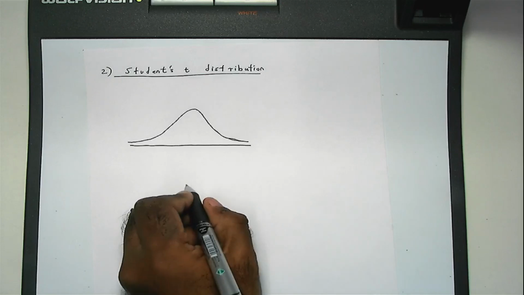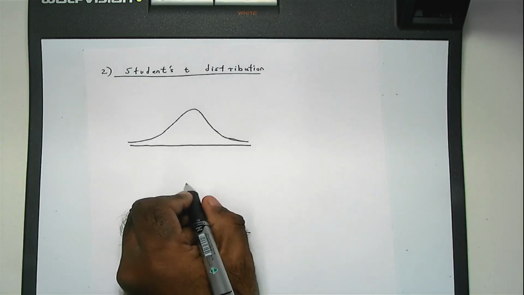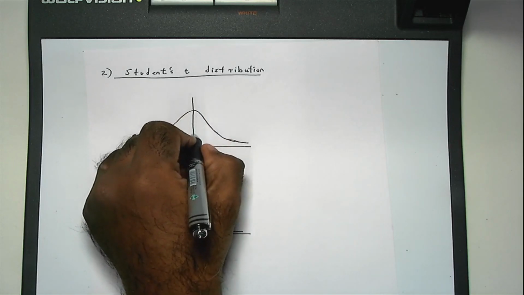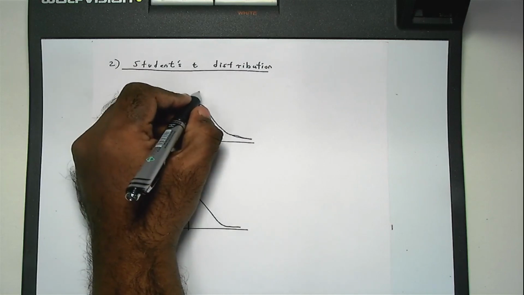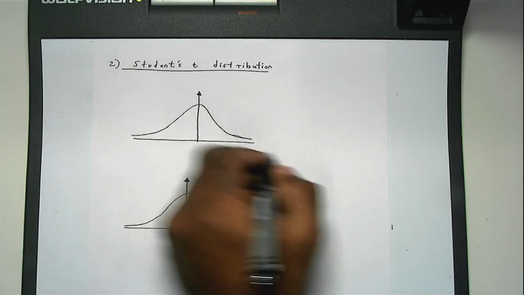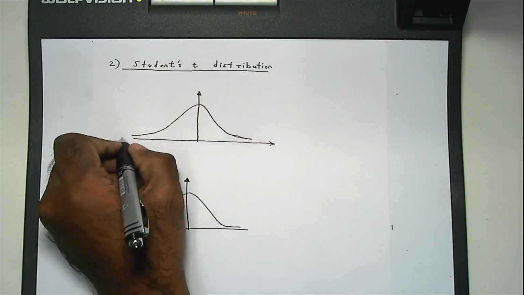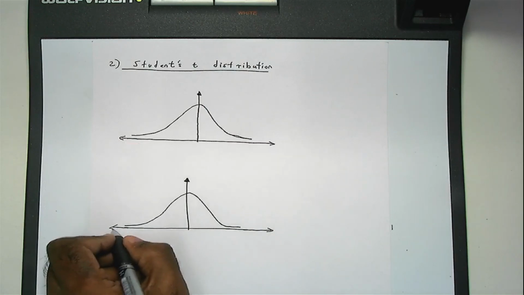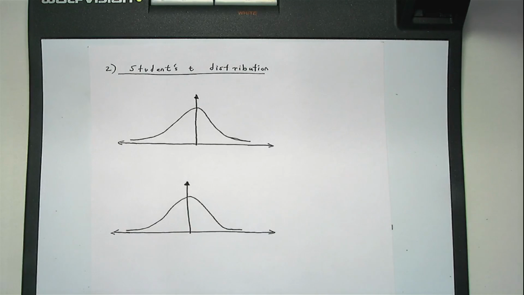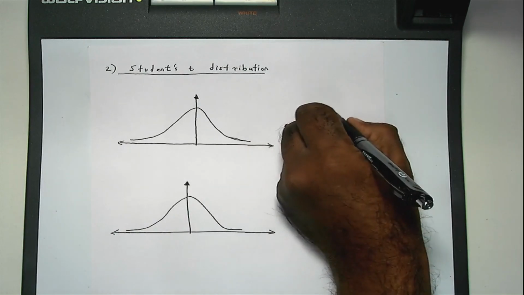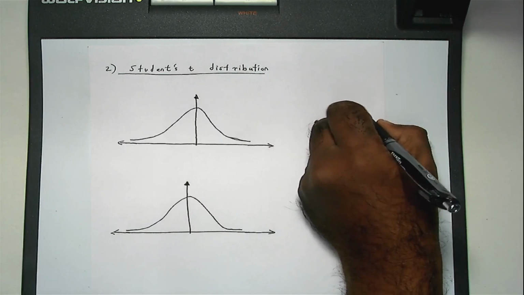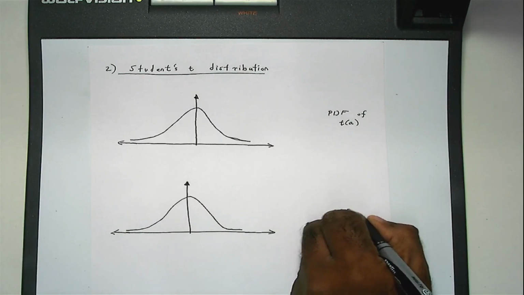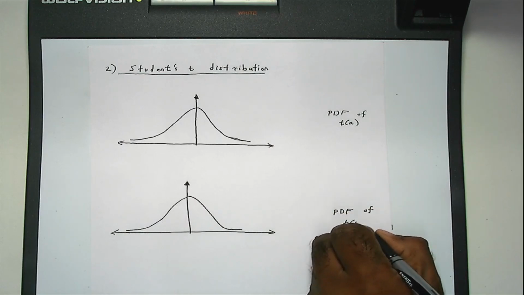This is the axis, and this is the... right. Okay, so what I have drawn is the PDF of a t variable with a degree of freedom. And the same thing here, PDF of a t variable with a degree of freedom. Right?